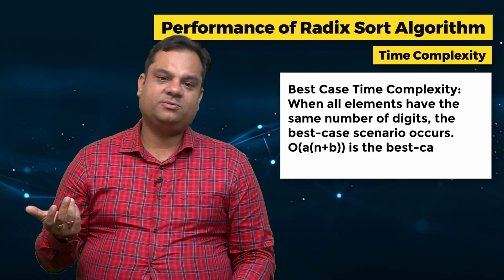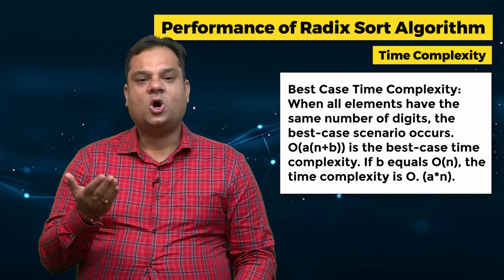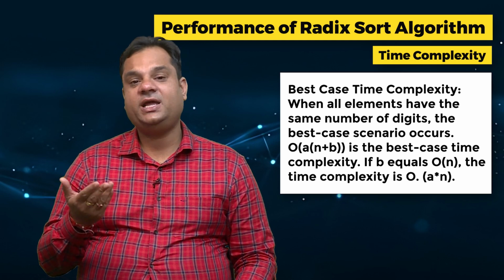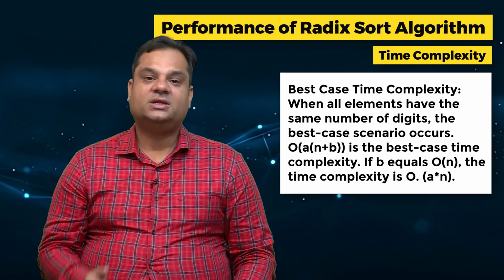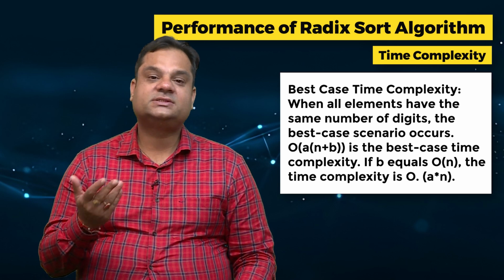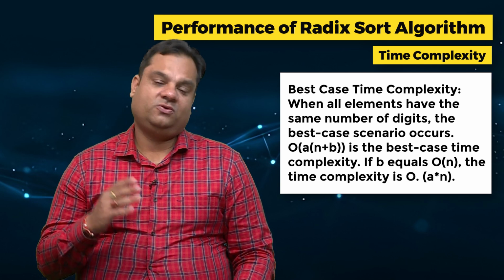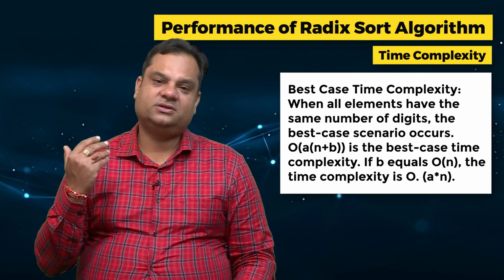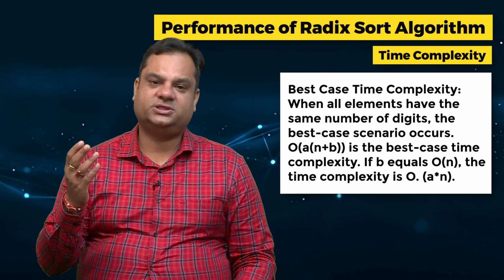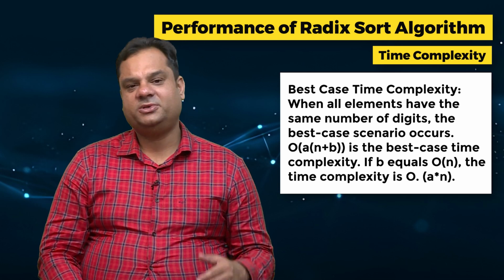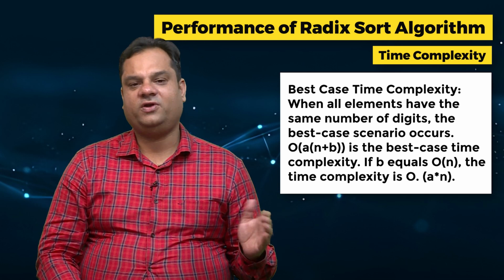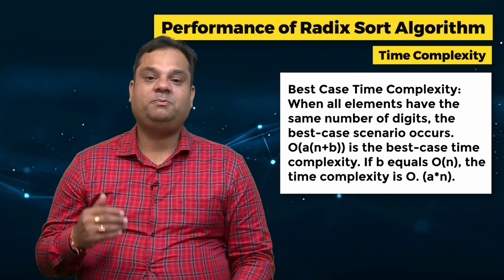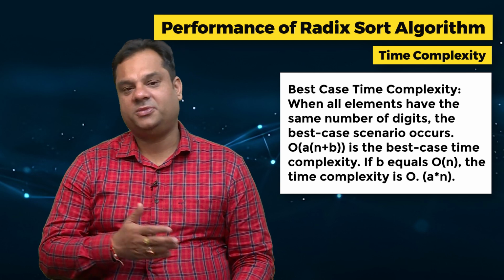Next is the best case time complexity, when all elements have the same number of digits. The best case scenario occurs if you don't put any zeros in a prefix, you start your operations when you see the number. So the O of A n plus B is the best case time complexity.